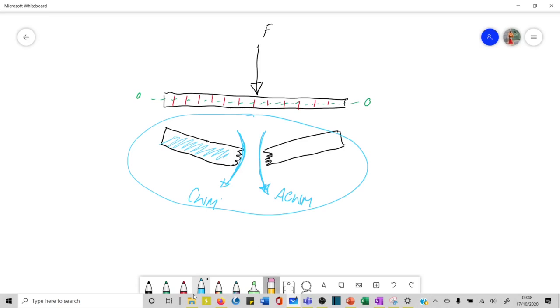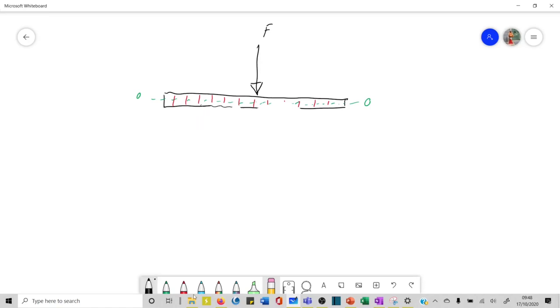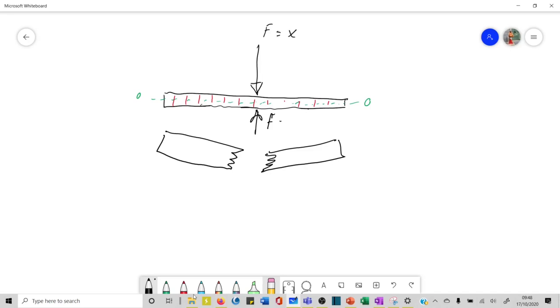However, when we start calculating stress and bending moments and shear on beams, let's just complete our beam back again. What it's actually doing, if we just draw it again, like so. Let's presume that the bar is in equilibrium, so the force down is equal to the force up. Let's say F equals X and FR, which is the resistant force, equals X. So they're both the same.